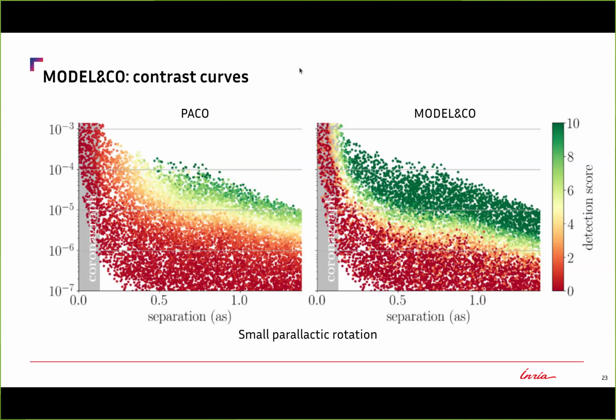Here we plot the output SNR of each method. We can see that for the same source, we obtain a higher SNR with MODEL&CO than with PACO. And here the SNR are calibrated. It means that for a given SNR threshold, we have the same probability of false alarm, so that every SNR means the same thing. And now we compare the output SNR.